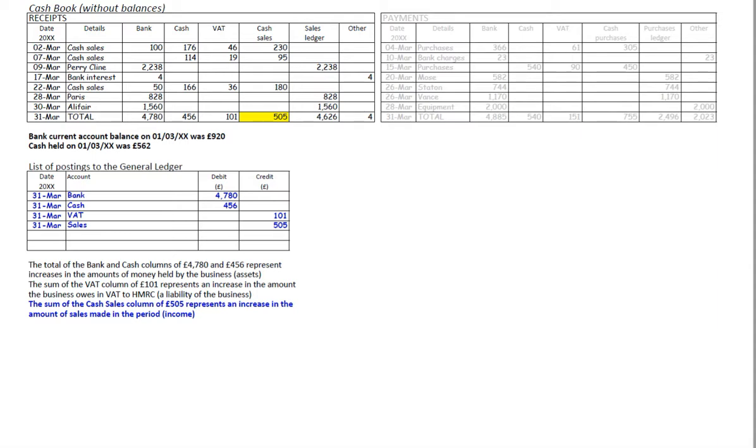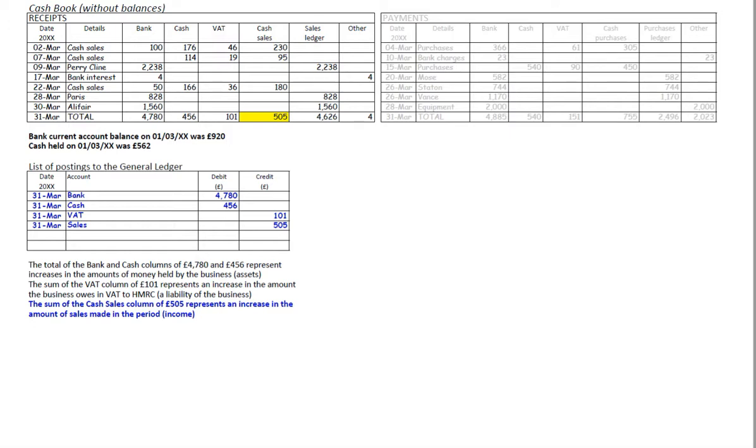Then we've got our sales ledger column. Now, just to remind you, the sales ledger column can also be headed up trade receivables or trade debtors. And this represents a reduction in the amount of money that the customers owe to the business.